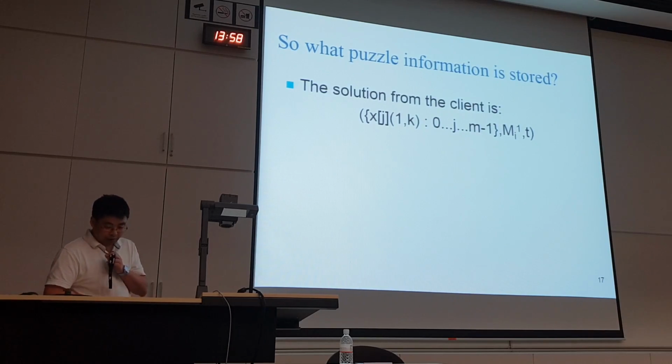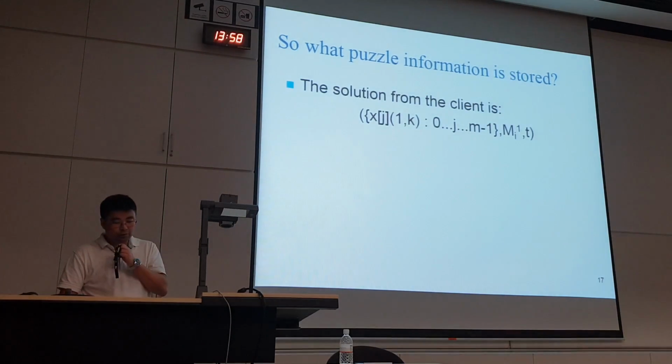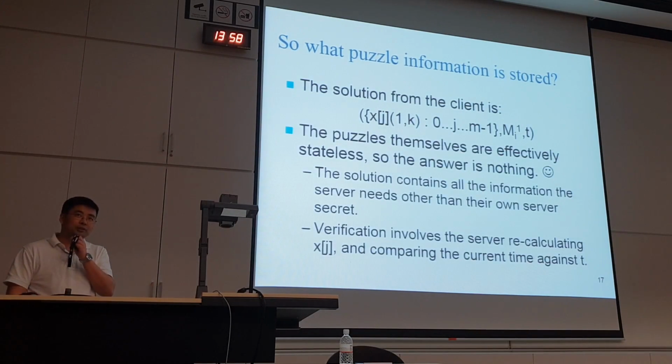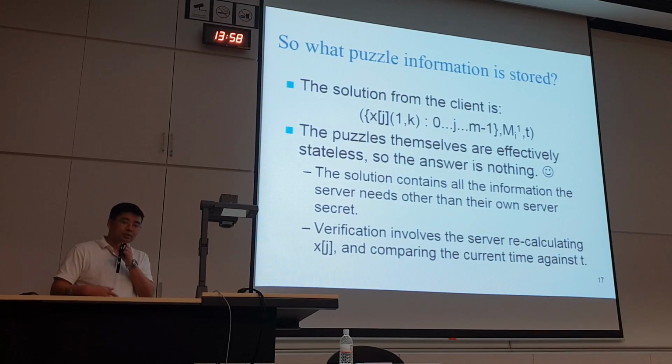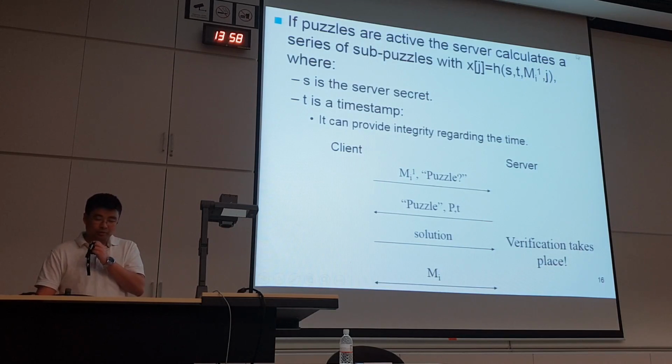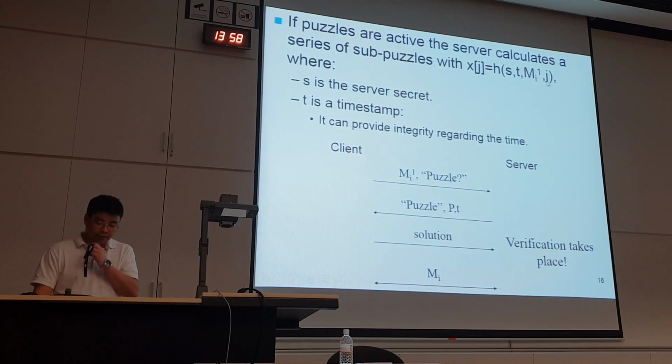All right. So the good thing is, if you look at the design of the client puzzle, the server actually does not need to store anything. If the server keeps the secret S, the server generates X and then generates Y based on the input: S, the timestamp, the service request, and the index.